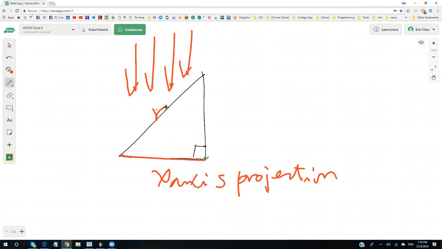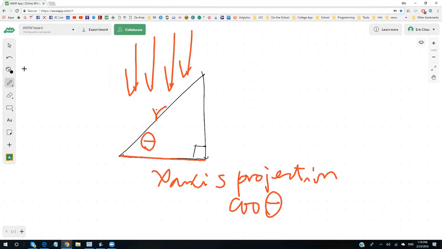It's called cosine theta, if this is theta. Its projection on that angle is called cosine.